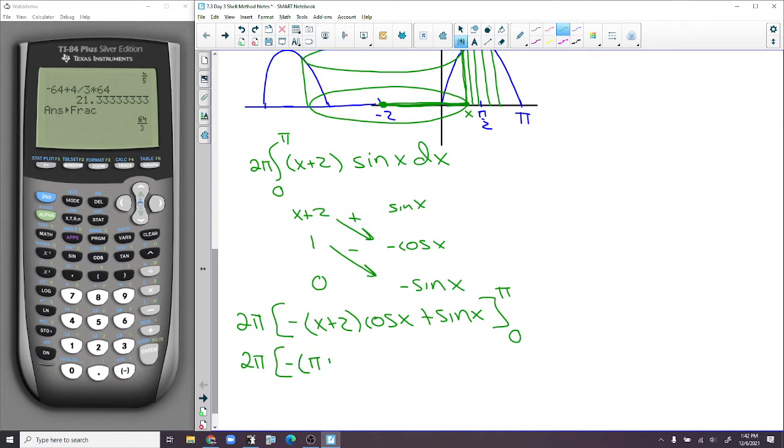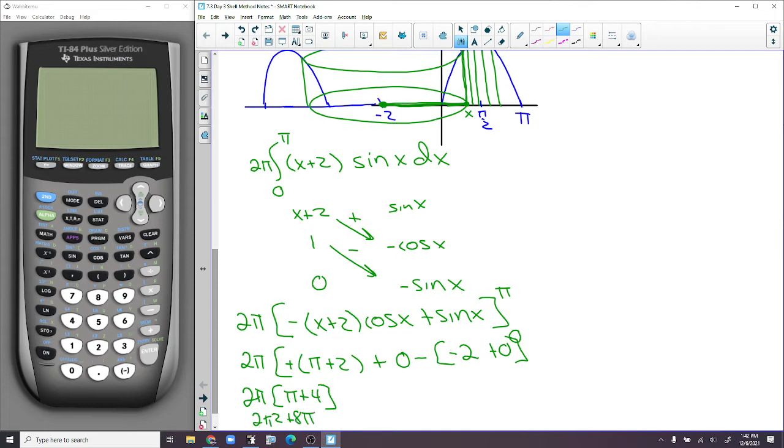Negative pi plus 2, but the cosine of pi is -1. That makes that a positive now. Plus sine of pi, which is 0. Minus, remember that's a -2, cosine of 0 is 1, and then sine is 0. So I get 2 pi times pi plus 4. So 2 pi squared plus 8 pi.